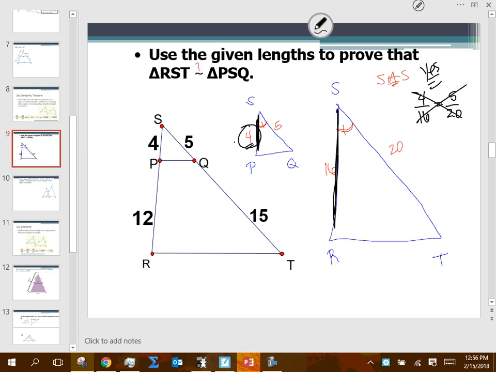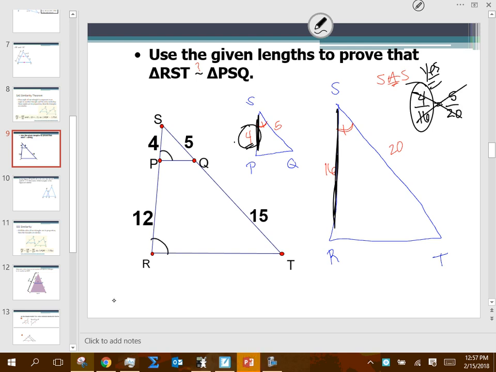Now here's my question. What's that tell you about PQ compared to RT? Let's say PQ is 3. Do you now have the ability to find RT? Yes, because this ratio is 1 to 4, so I can multiply it by 4 to get 12. Here's another question. What's that tell you about that angle there compared to that angle there?